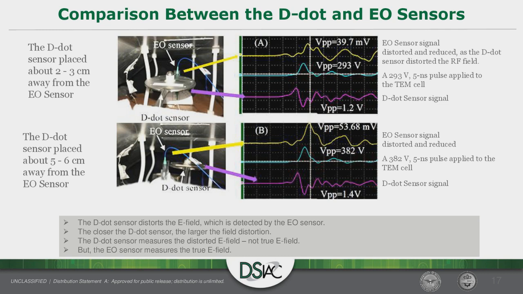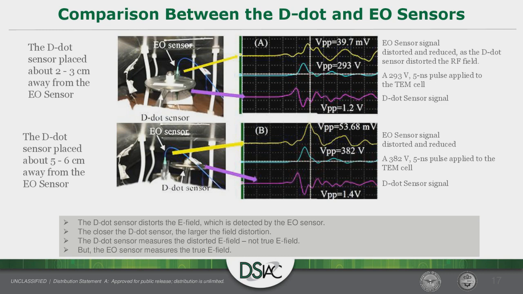This DDOT sensor was sitting here inside the TEM cell, next to the EO sensor. That's the field pulse that we input into the TEM cell, 293 volts. Then DDOT measures a pulse that looks like this, a time derivative.